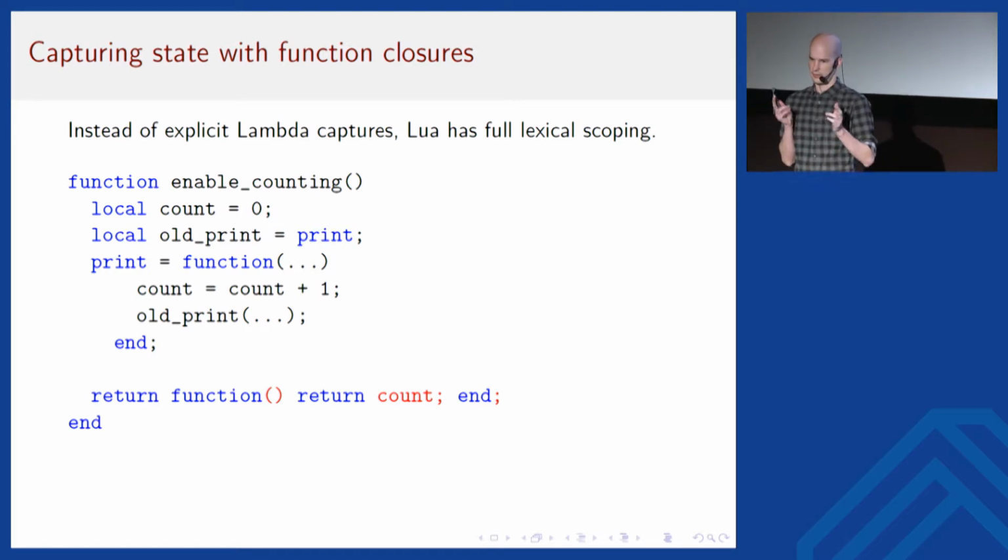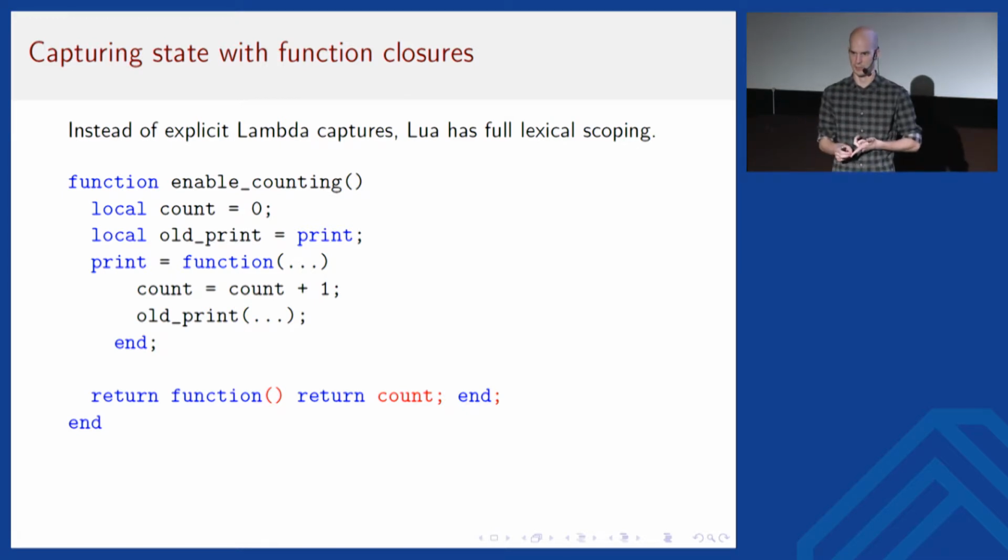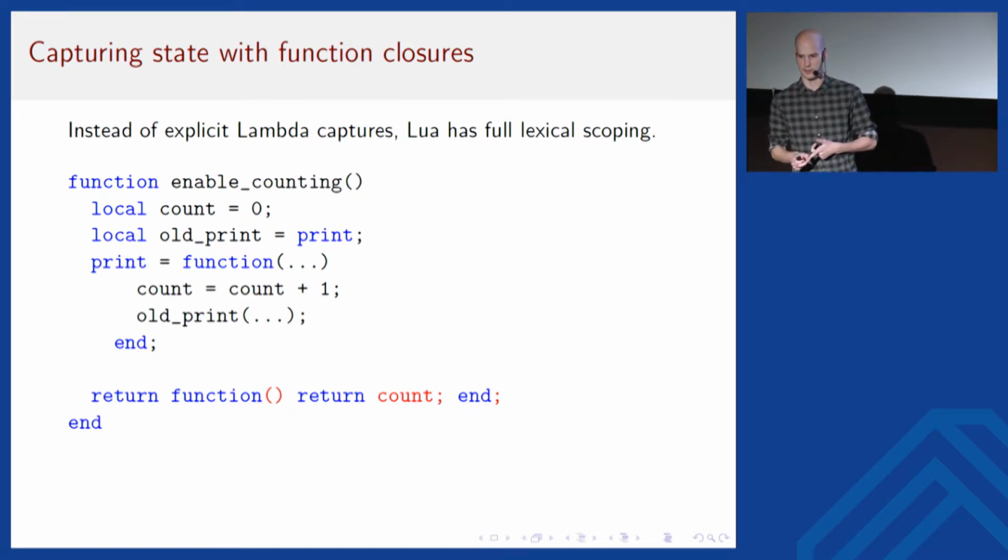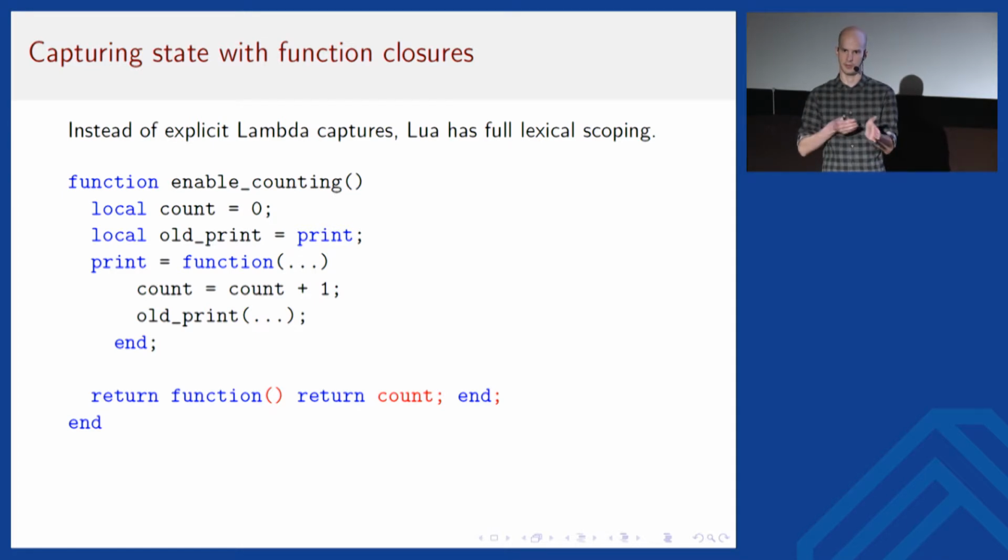And this might seem magical to you, especially if you are familiar with lambda captures in other languages, because what happens now is that the count variable, which is just a number, which means it has value semantics, is now actually captured by two different functions, and they always see the same count, so they synchronize the changes on these values.